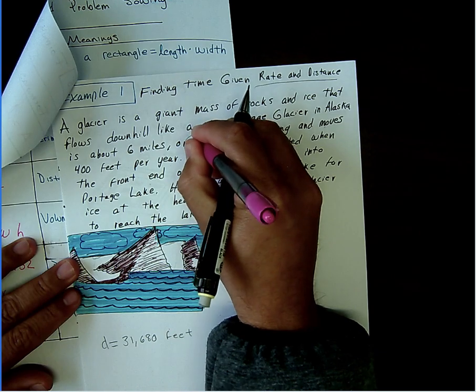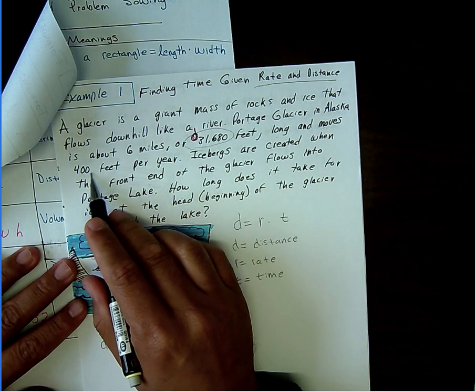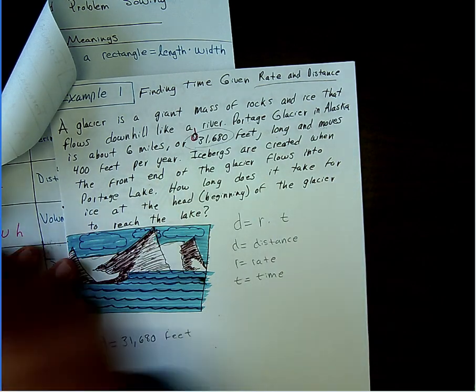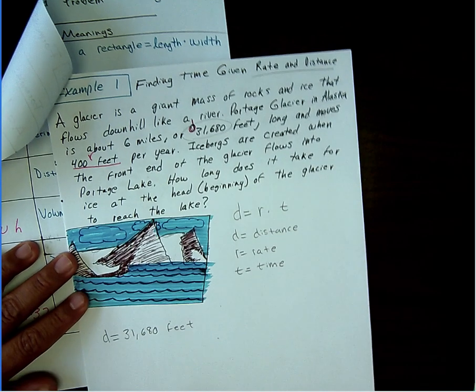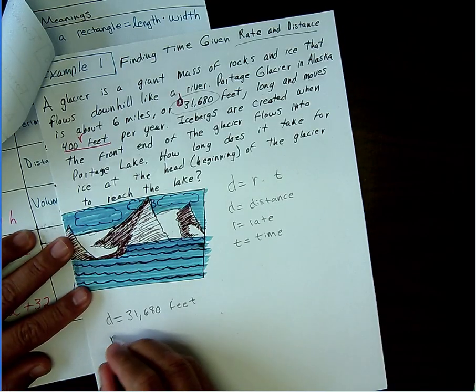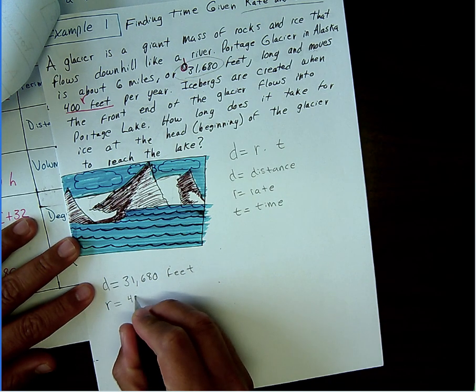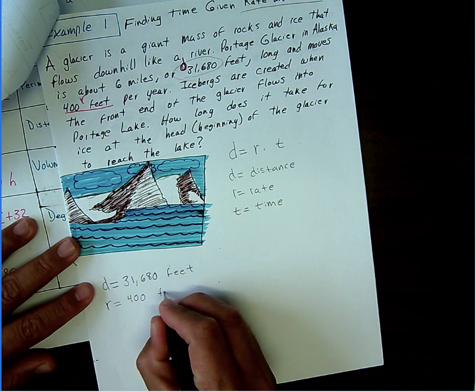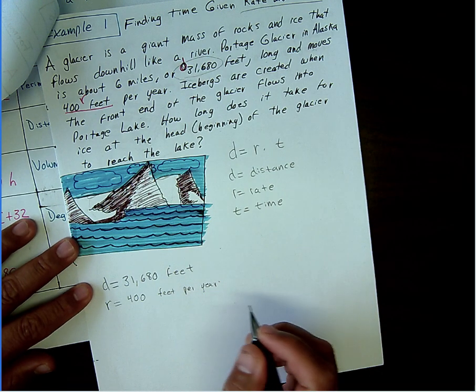Okay, it moves 400 feet per year, so that would be the rate. That would be the R. So the R would be 400 feet per year.